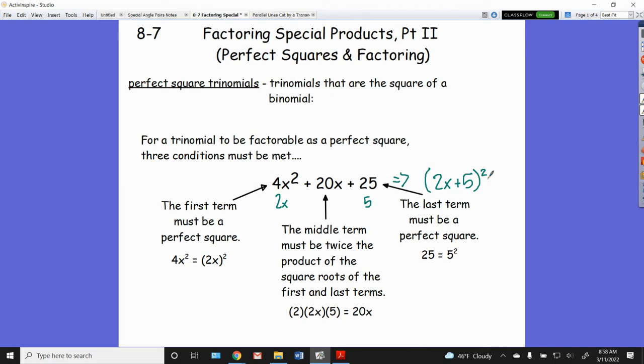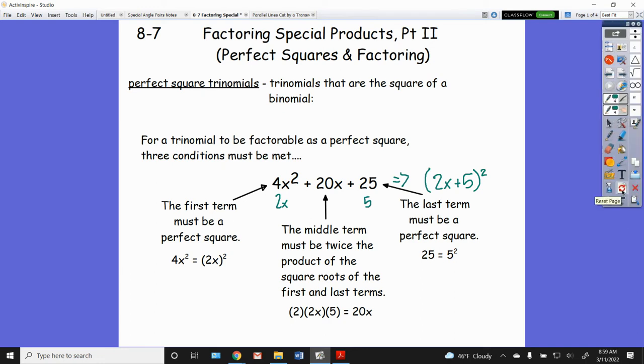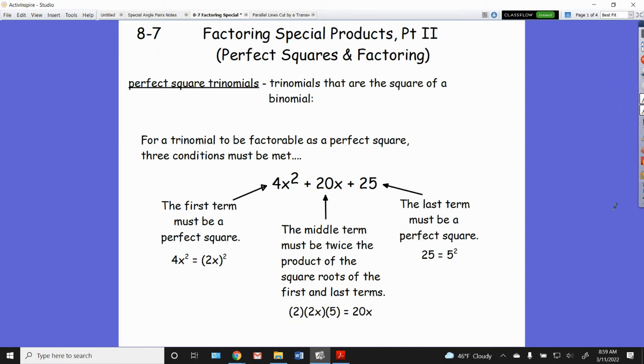Now, boys and girls, just like with that other lesson, the good news is if you don't see that relationship, you can do it the old way. The old way being, is there anything I can take out? No. Well, A times C, 4 times 25 is 100.